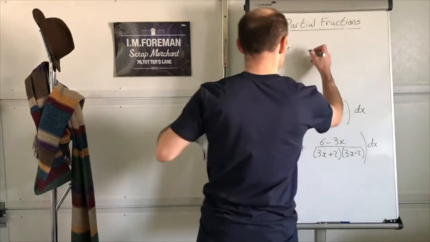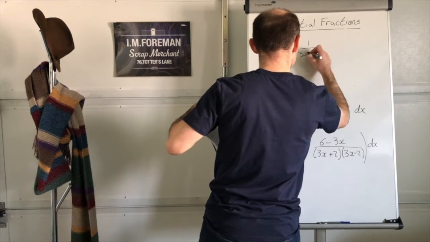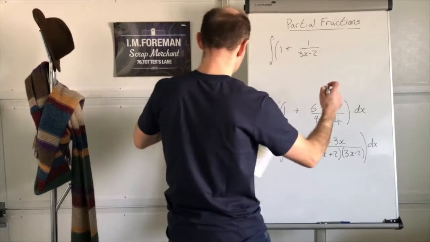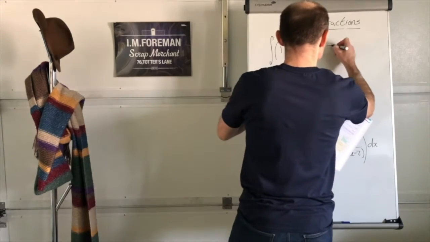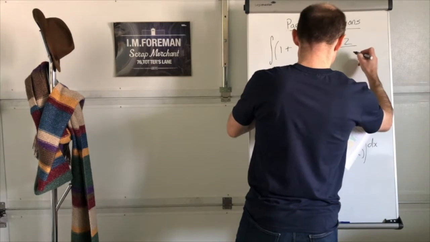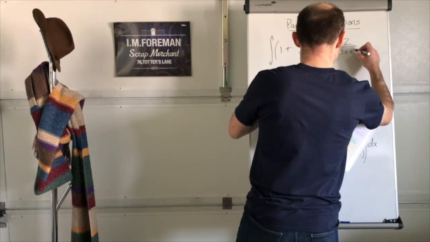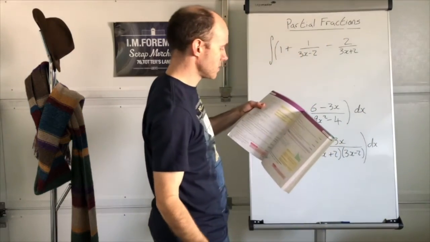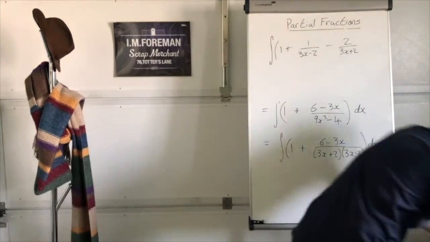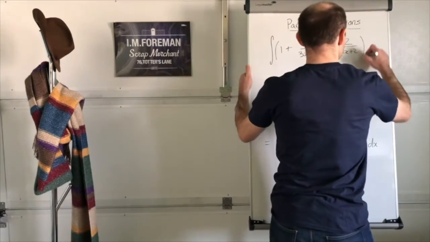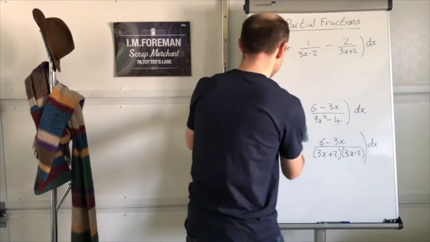They've got A is 1, so 1 over 3x minus 2, I put it this way around, and then they got B was -2, so subtract 2 over 3x plus 2, like that. Okay with that? So all I've done is just missed out the partial fractions bit. I've written down that. Okay, right, so dx.